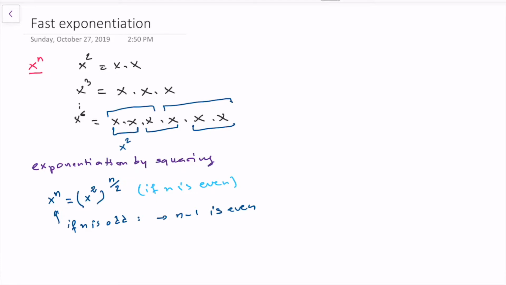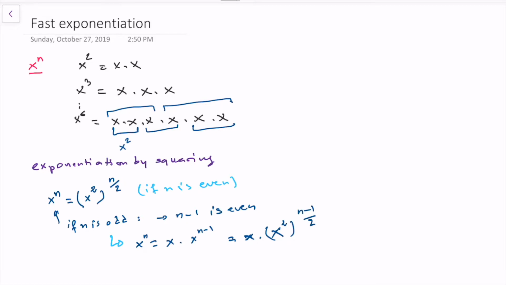And if n is odd, what we can do is the following. x to the power of n would be just x multiplied by x to the power of n minus 1. Since n minus 1 is now even, we can apply the formula for when n is even, and we get x multiplied by x squared to the power of n minus 1 divided by 2.